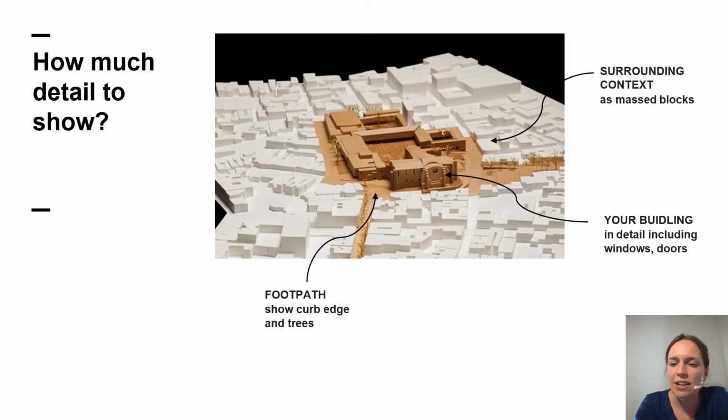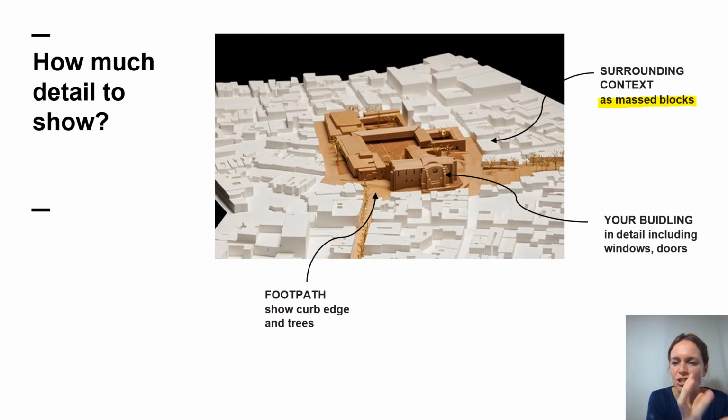How much detail do you need to show? I think this image here gives a fairly good indication of the level of detail. So for the surrounding site context, if you have a look up here at point 1, really what we're looking at are massed blocks. So what does a massed block mean? Really, it just means that you want to be able to get the length and the width of the surrounding building right, as well as the height.